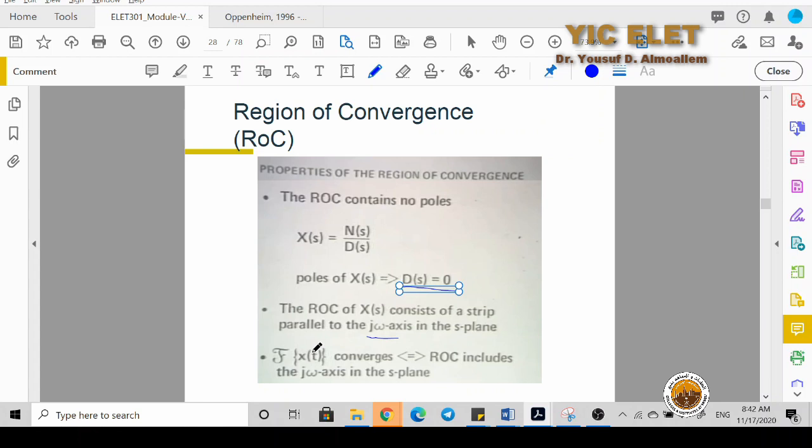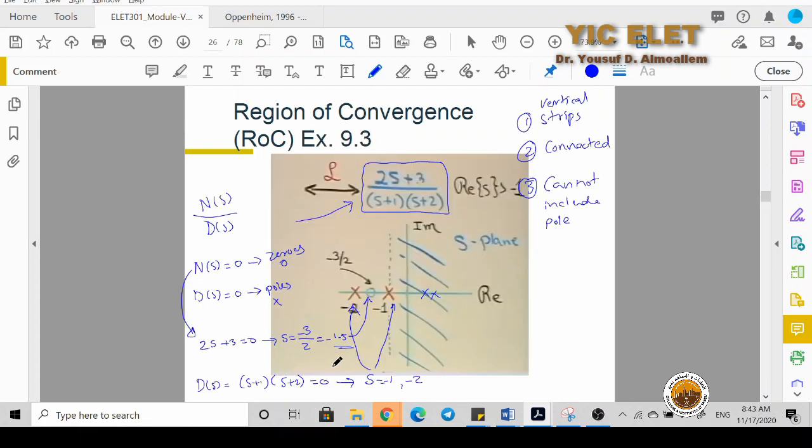If the Fourier transform of x of t converges, then the ROC includes the j omega axis in the s-plane. So if the Fourier transform converges, then this axis, the j omega axis, will also be included within the region.